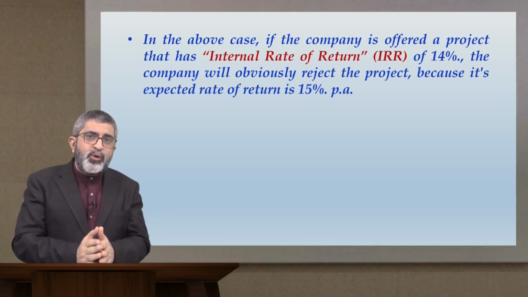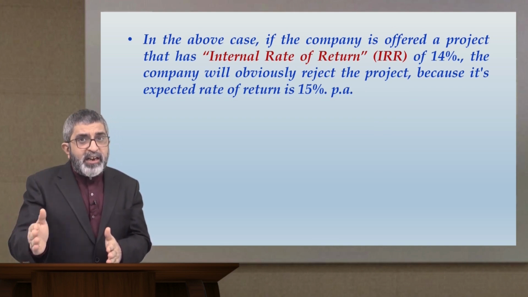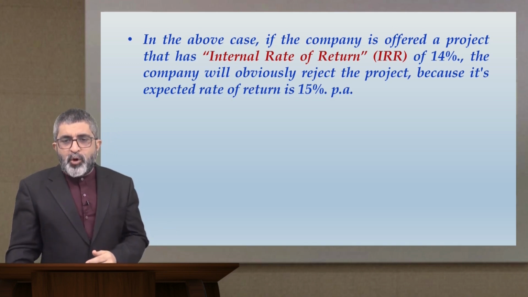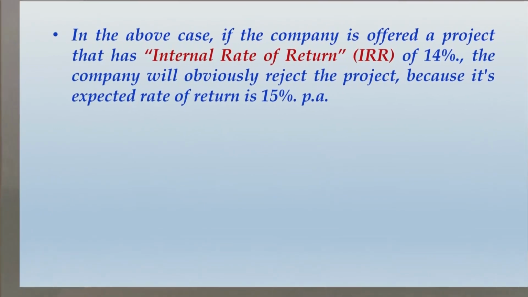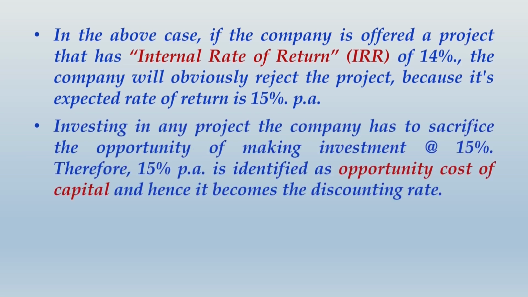Once again, I am going to talk in detail about internal rate of return in the immediate next class. Let me first focus more on the connection between these two, that is the discounting rate and internal rate of return. And to bring forward an important aspect with respect to discounting rate, which is originating from opportunity cost of capital, look at this point.